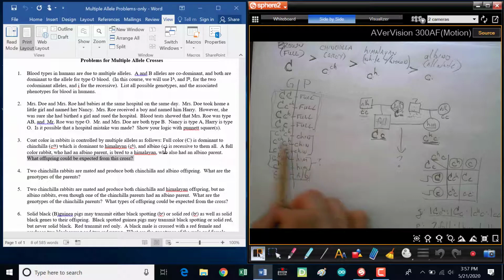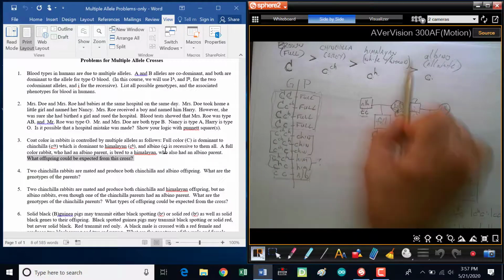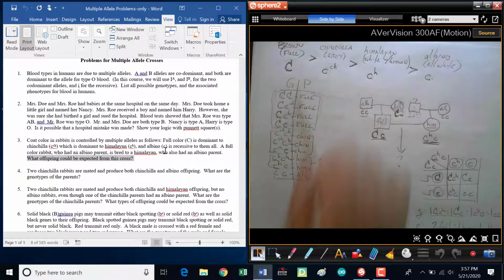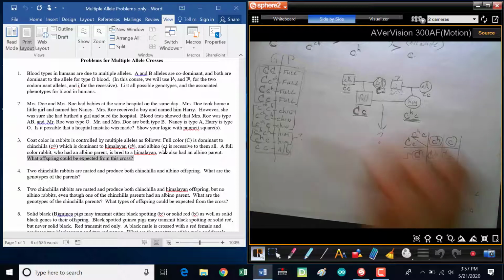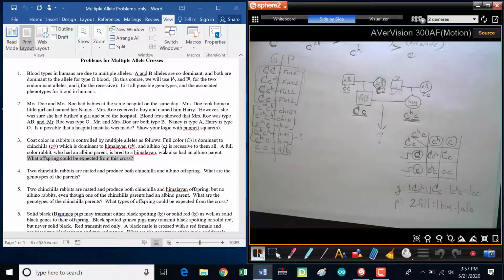That's a chinchilla, right? So doing this is good prep for actually solving the problem. And so when you go to your Punnett square, you're trying to figure out the genotypes and phenotypes that are produced, this can be really, really helpful. So that's the first example of multiple alleles.